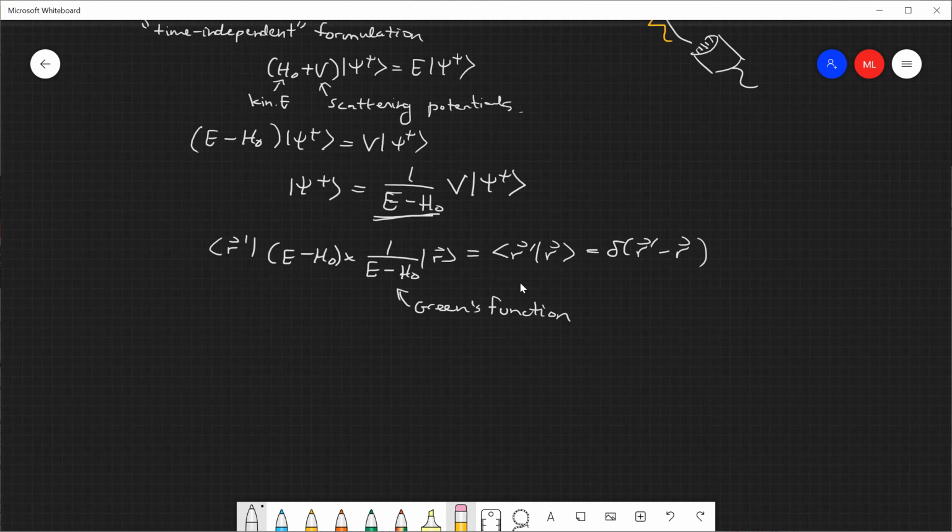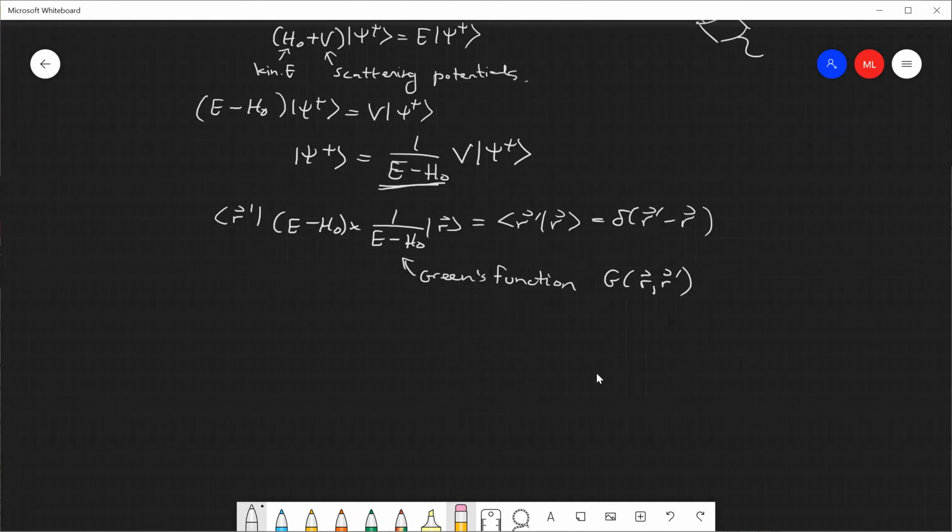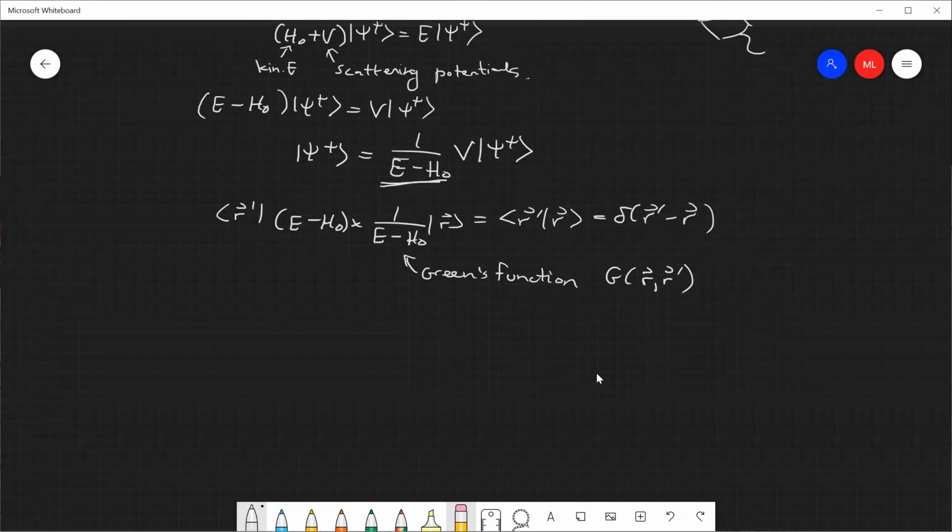It has to satisfy basically this equation in position representation. In position representation, any operator is going to have two indices, R and R prime. And this is the equation it has to obey in position space. Let's write our kinetic energy instead.